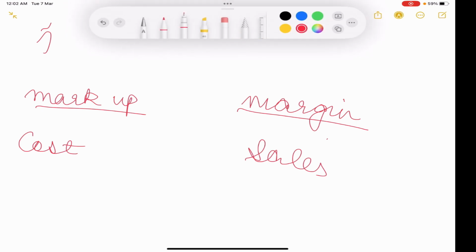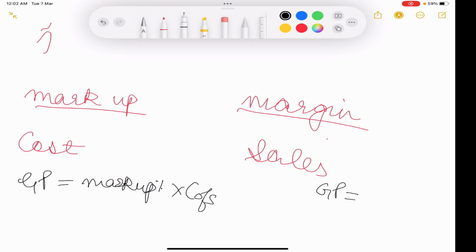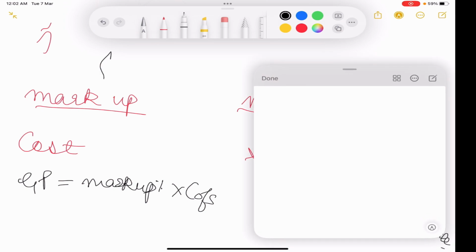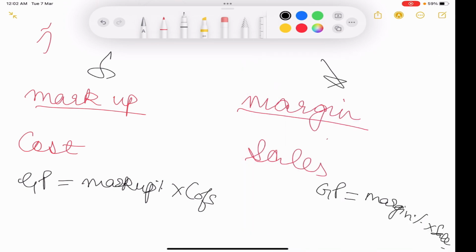Now, one more thing. If we're talking about markup, gross profit is equal to markup percentage multiplied by cost of the goods. And for margin, gross profit will be margin multiplied by sales. So markup will be on cost and margin will be on sales.